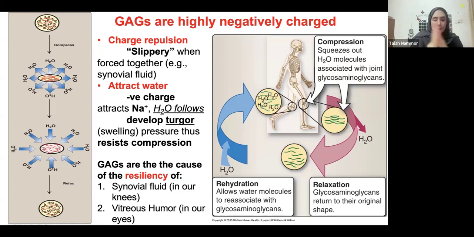Okay, so since they're already slippery and repulsing each other, and we have water, when the compression happens, the water is just going to go out. And whatever is inside, the glycosaminoglycans, are going to repulse each other.